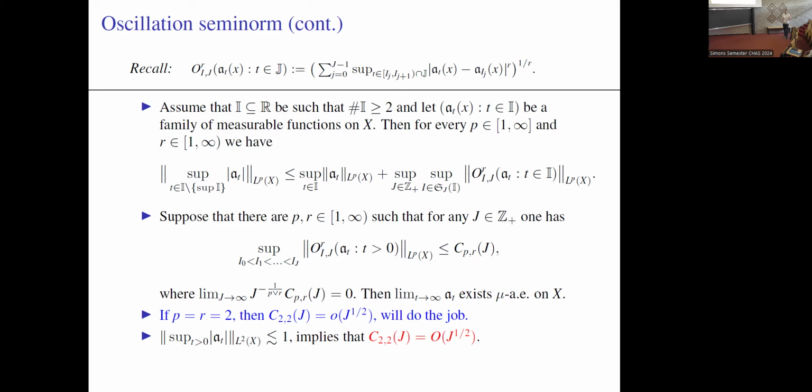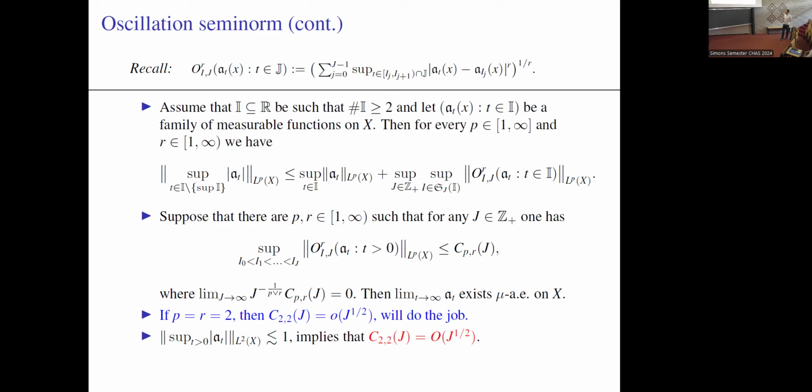So we choose the sequence, then we compute the oscillation seminorm, then we compute the L^p norm in this abstract space X, and then we take the supremum over all choices of the sequence I. All right, and what happens is that once we know that for any sequence I of length j plus 1, we can find a constant which depends on the length of this sequence, but not on the sequence itself, and if this constant behaves well, it suffices to know that when j tends to infinity, this expression tends to 0.